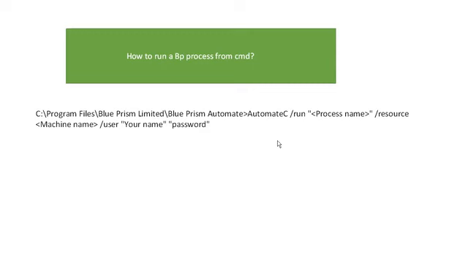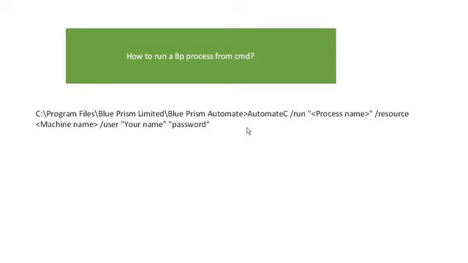So we all know how to run a BP process, but some of us may not know how to run a BP process from the command prompt. Sometimes in deployment, BP cannot respond when running from Studio.